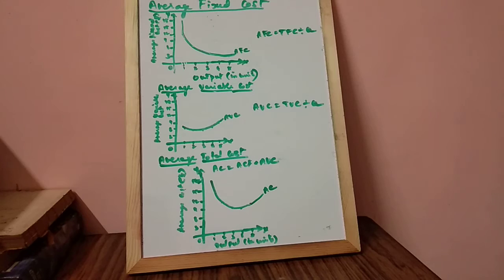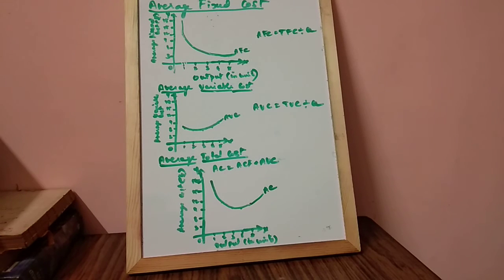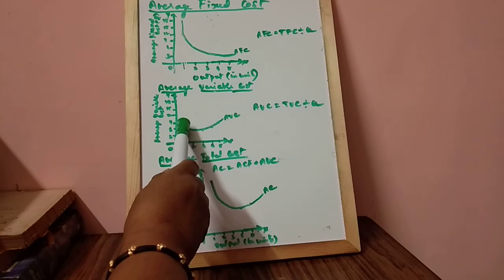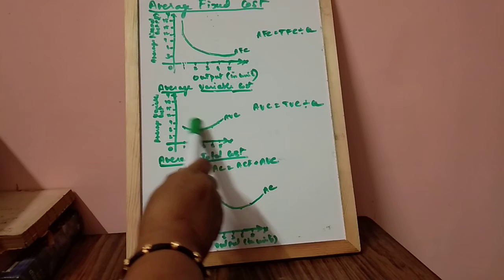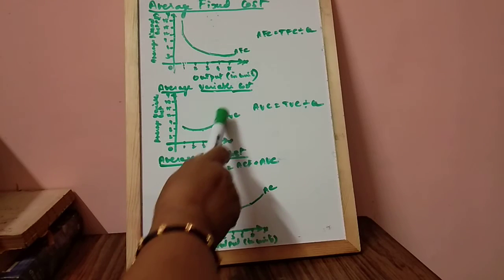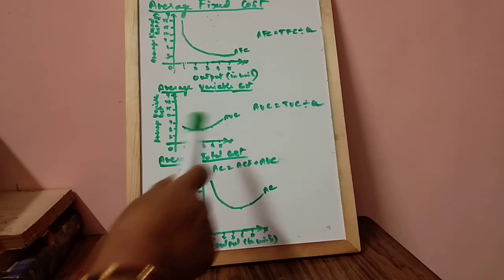Average variable cost, you find here, initially falls with an increase in output. As the output gets increased, the AVC starts falling. And once the output reaches the optimum level, AVC starts rising. You can make it out with the diagram.